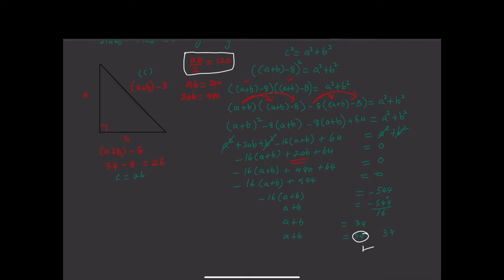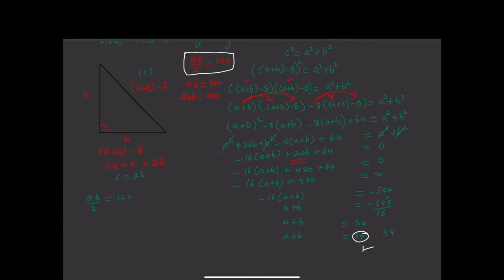Now we need to work out A and B. Now we know that A plus B is 34. We also have a statement that states that AB divided by 2 is equal to 120.